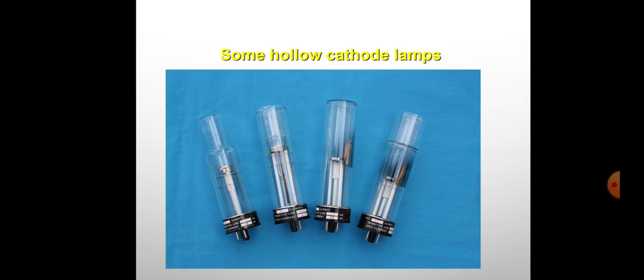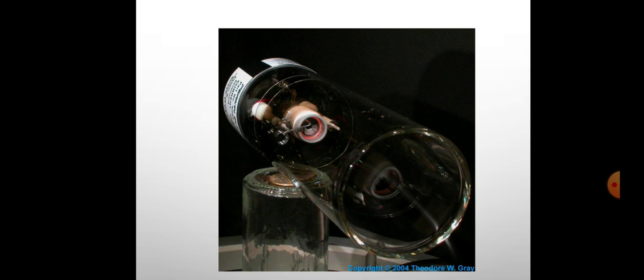Some vapor of the element has been deposited on the surface of the lamp, and this is an old lamp that usually should be changed. So if you use a lamp for several years, then you have to change it. It is not forever. This is another picture from inside of the lamp, and you can see clearly the hollow cathode in the middle of the lamp.